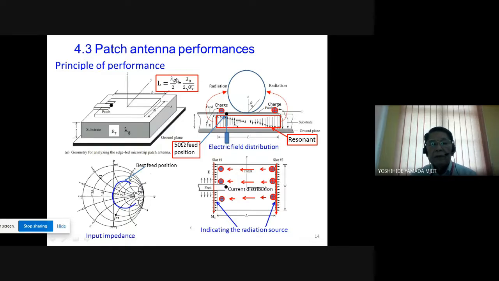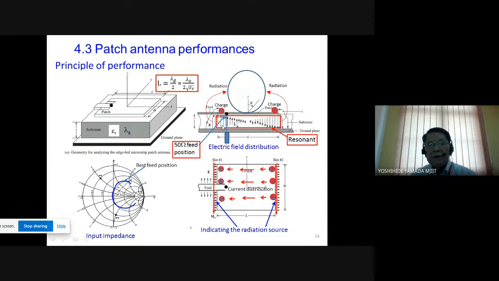And the wavelength in the substrate is calculated. This lambda zero is the free space wavelength, and lambda g is the free space wavelength divided by root epsilon r. Epsilon r is the dielectric constant of the substrate.